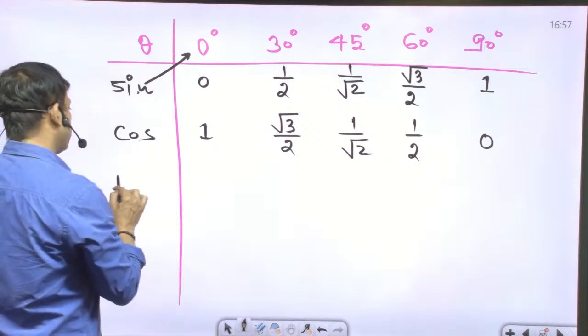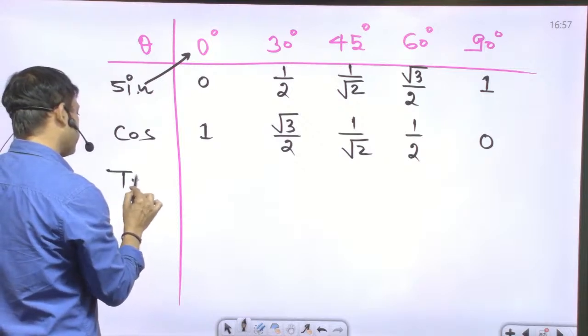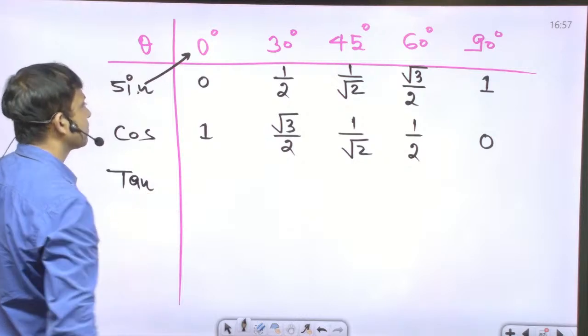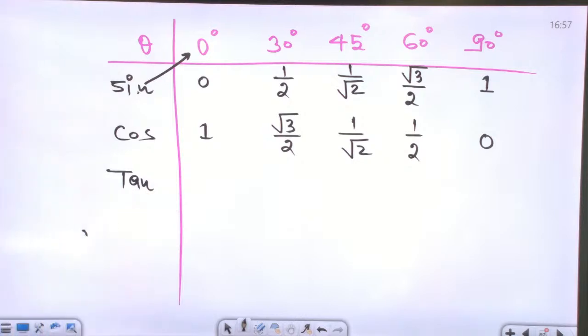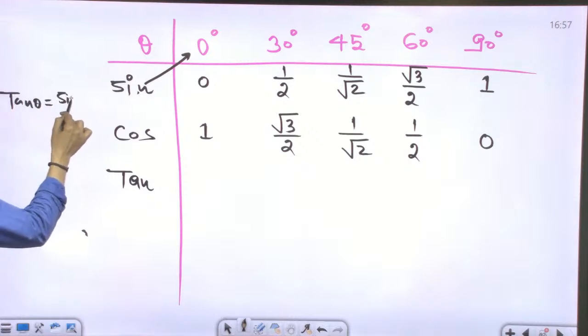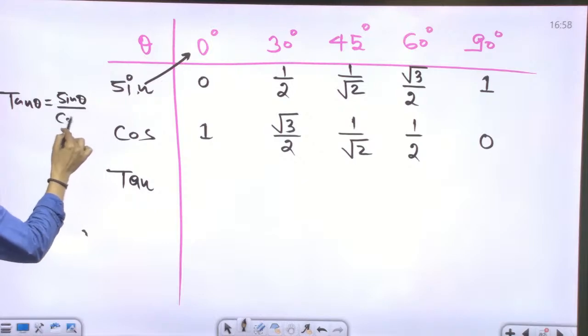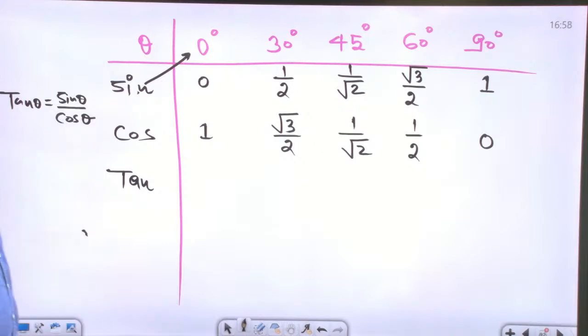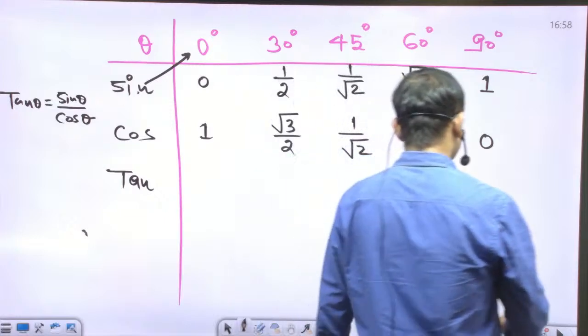Then what will be tan? You know that tan theta is sine theta by cos theta. This is the identity on the second page.